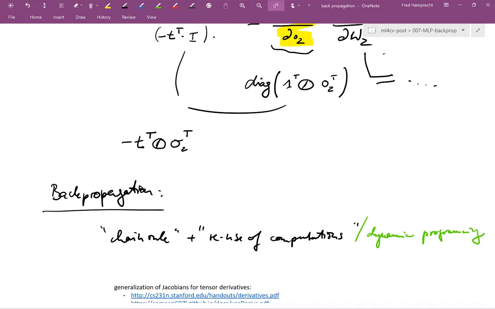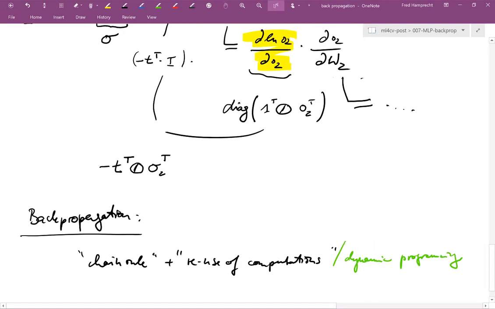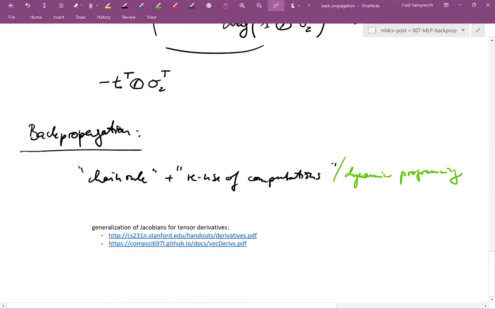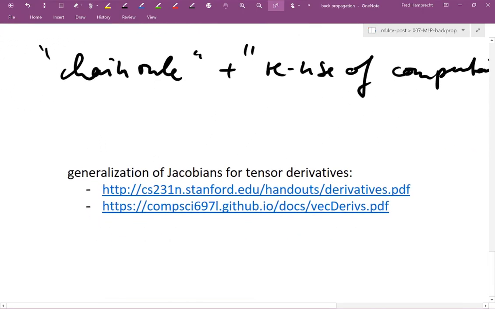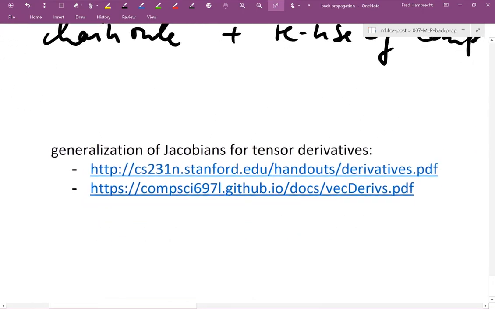Then what if we want to compute derivatives not with respect to vectors, but with respect to matrices and such? Then we need generalizations of the Jacobians, and I'm referencing here two nice write-ups.